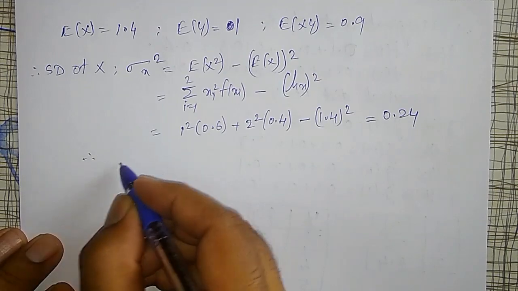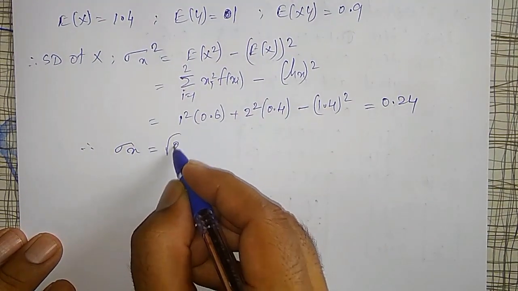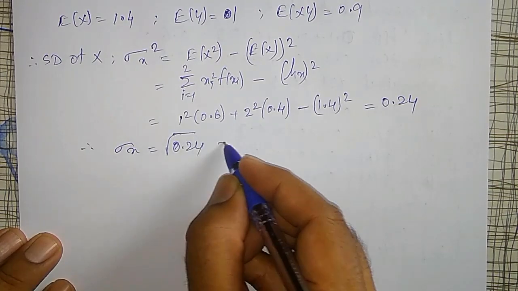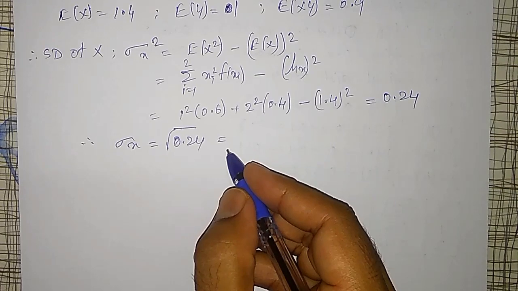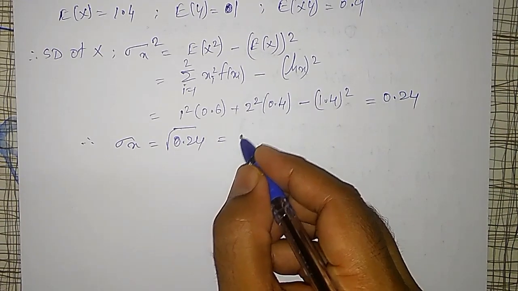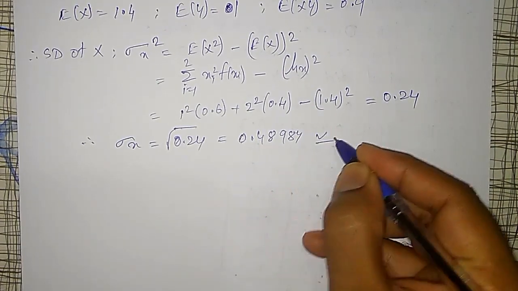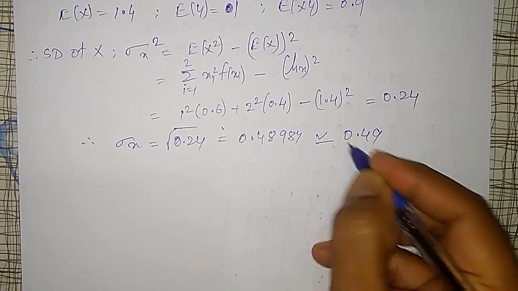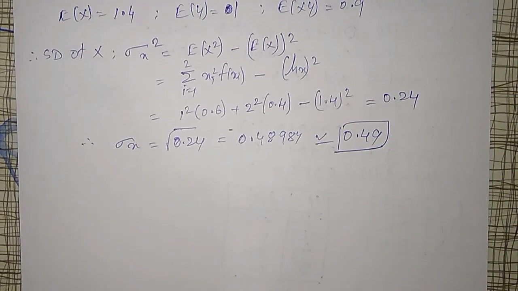Okay, therefore standard deviation sigma x is equal to square root of 0.24. Using calculator I can evaluate this one. Square root of 0.24 is equal to 0.48989, approximately 0.49 I can write like this. Next one I am going to solve now.